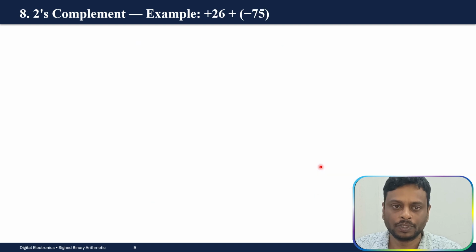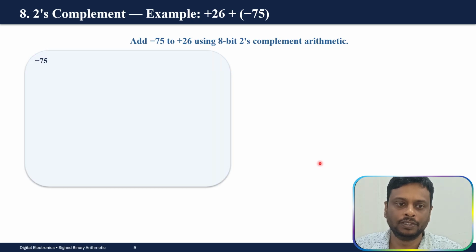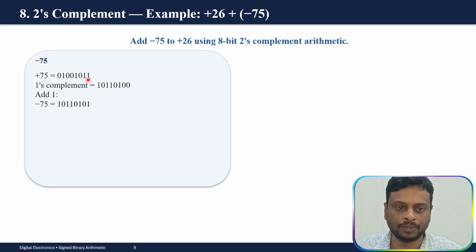Okay, next one is here. So 26 minus 75. Again for 75, you need to find the 2's complement of plus 75. So first you need to find out plus 75. So this is the plus 75. Then you take the 1's complement of this number, then add 1 to get the 2's complement of minus 75.